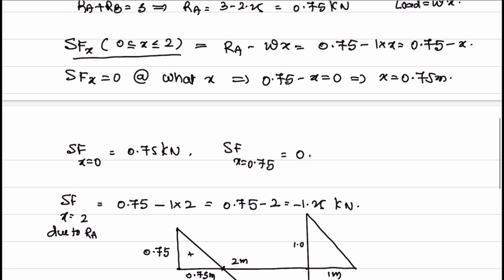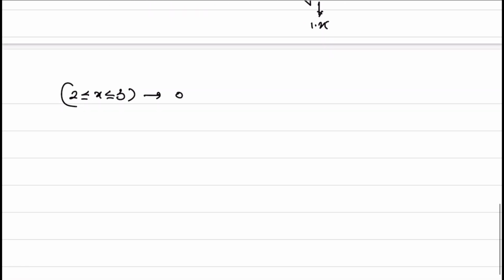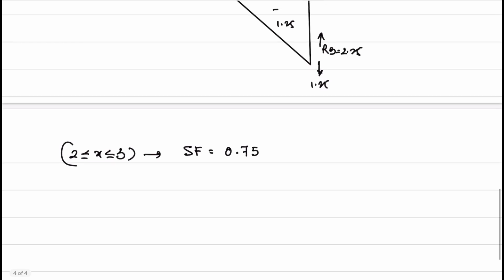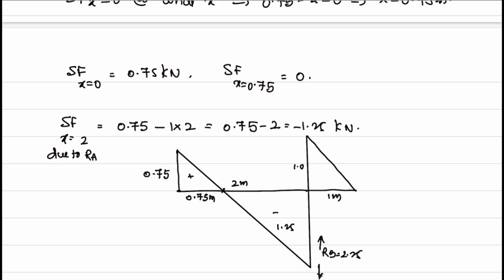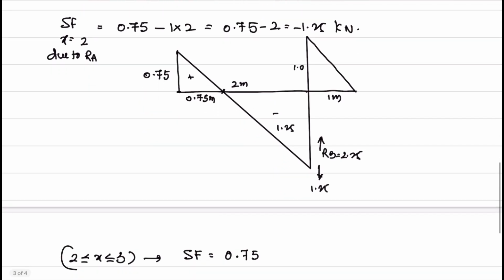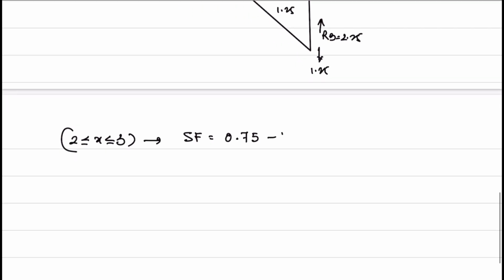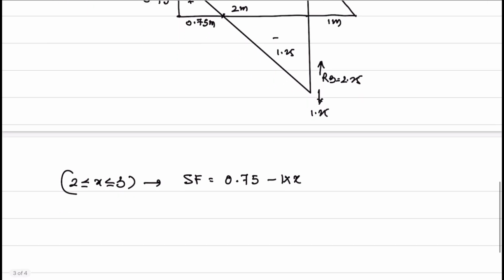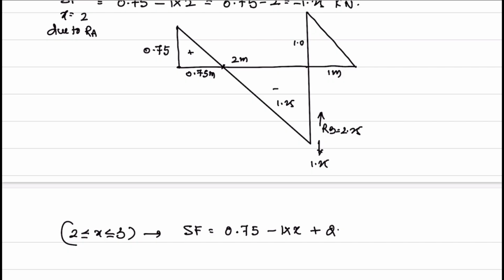What is that? 0.75 minus 1 into x plus the reaction force 2.25 RB, minus W into X minus 3.